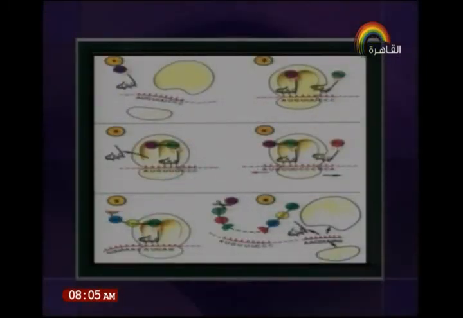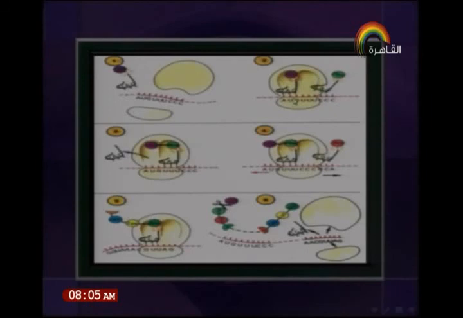And this figure illustrates the steps of protein synthesis. A messenger RNA, and this is a small subunit of ribosome. The small subunit of ribosome binds to the messenger RNA, and the AUG start codon binds to it.